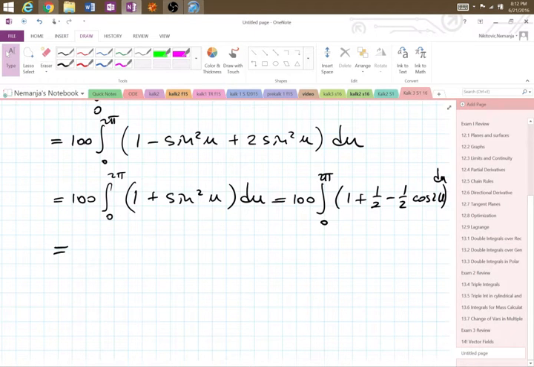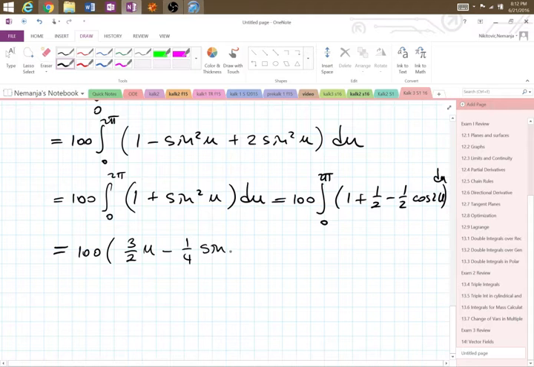That's 3/2. So 100 times 3/2 u minus 1/4 sine 2u computed from 0 to 2 pi.